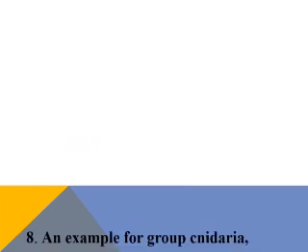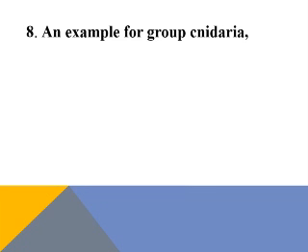Eighth question. An example for group Cnidaria. Cnidarians are invertebrates that possess a radially symmetrical body. They may occur in two forms: free-living medusa and permanently attached to a surface as polyps.